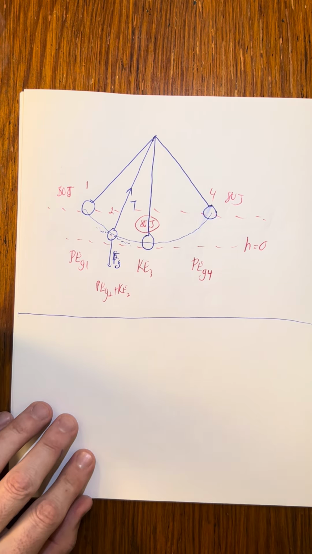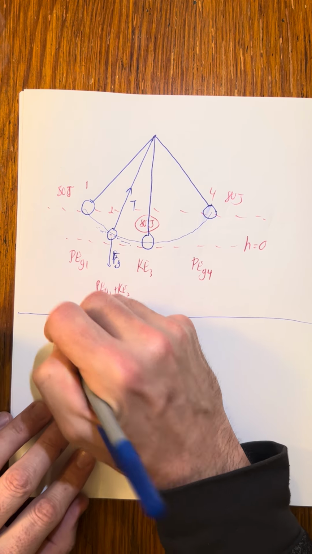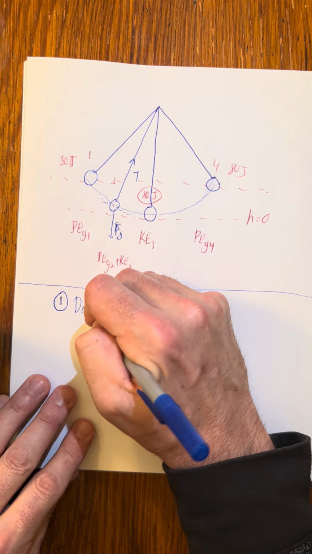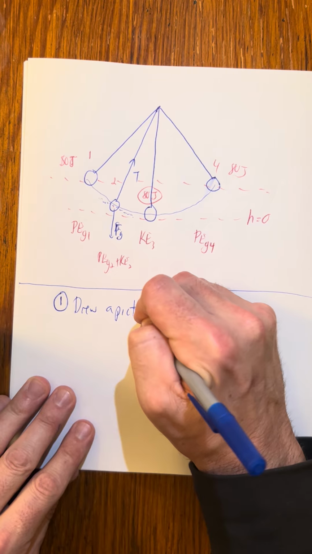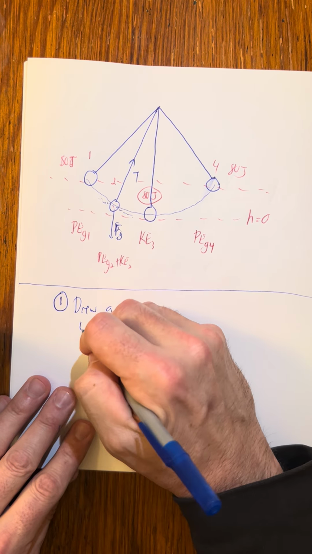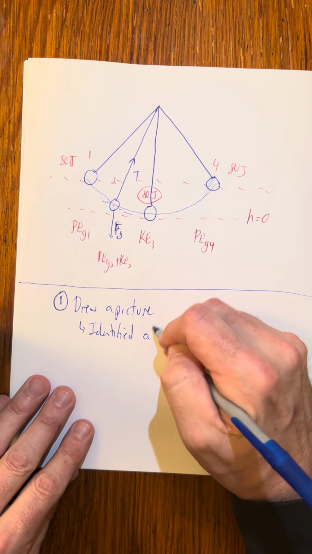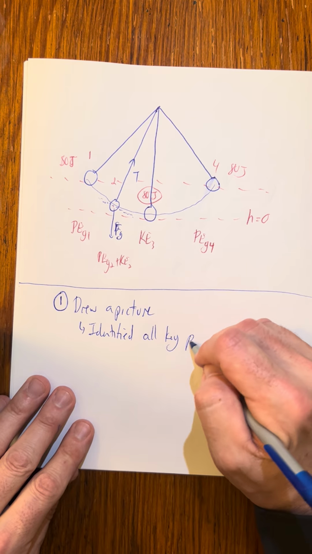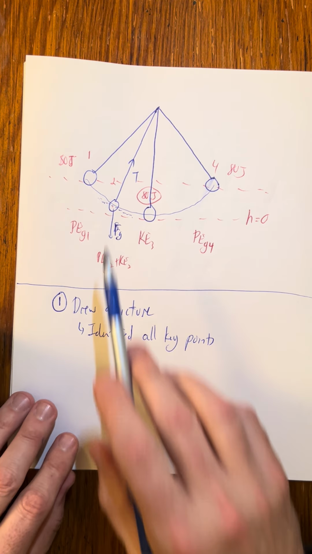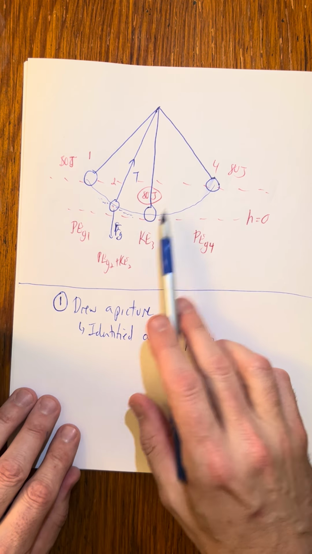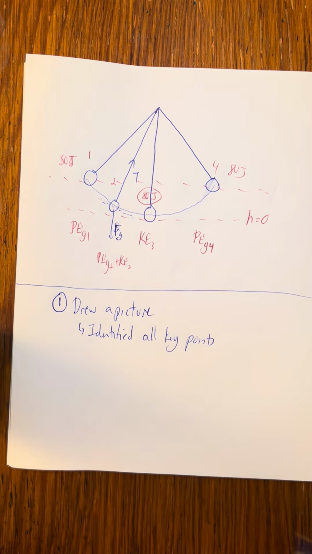So the conservation of total mechanical energy problems are really straightforward. So what did we do in each case? Well, the first thing that we did in each case is we drew a picture. And importantly, in this picture, we also identified all key points that we care about. So in this case, the beginning all the way at the bottom, the end here, and this intermediate point.